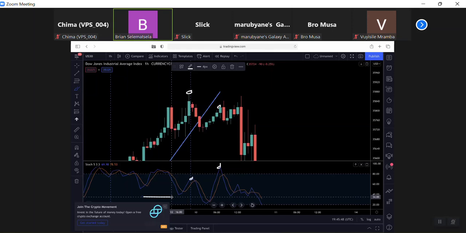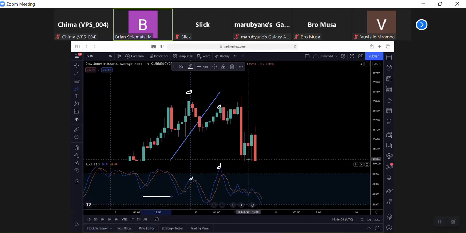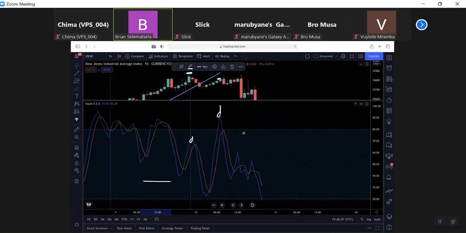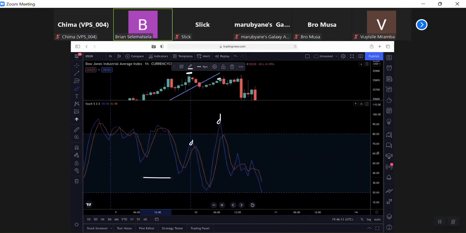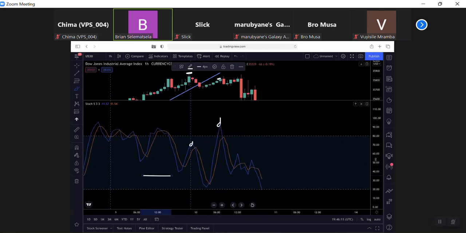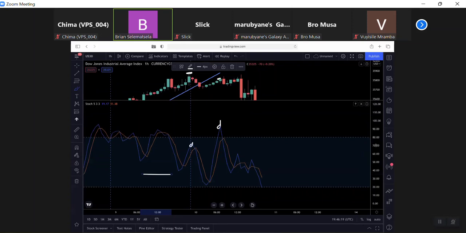But for any form of entry or placing trades, we use the divergence technique so that we enter exactly where the market is turning. When we spot this divergence using the stochastic, there are overbought lines and oversold lines on the stochastic.